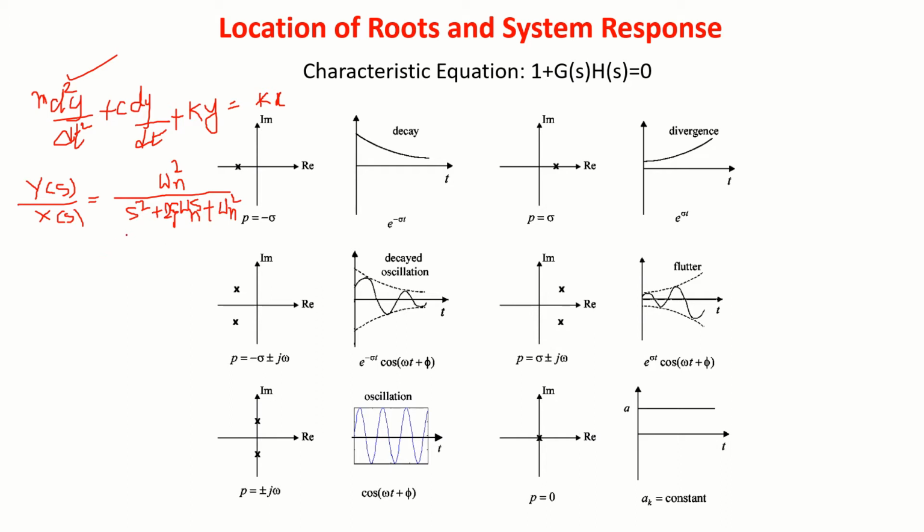When I represent a control system by a block diagram like this, I get g of s, then h of s in feedback, where this is r of s and this is c of s.